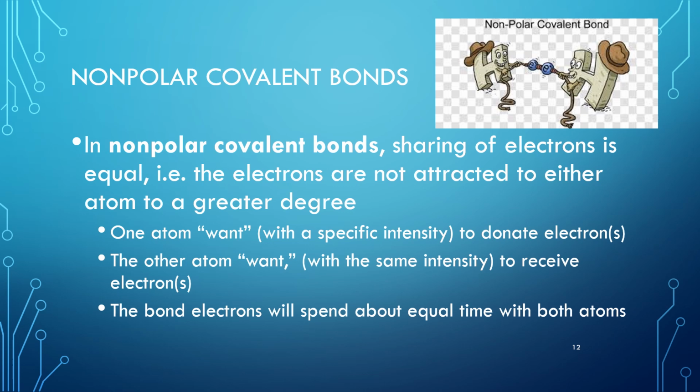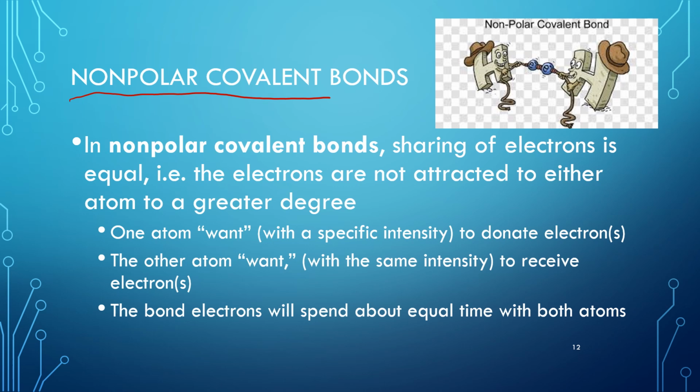So covalent bonds have 2 subcategories. That's called nonpolar and polar covalent bonds, because in covalent bonds, as we just talked about, the atoms are sharing electrons. And sometimes they don't share them equally. And other times the atoms are sharing them equally.